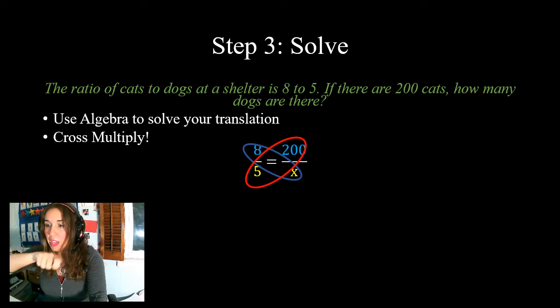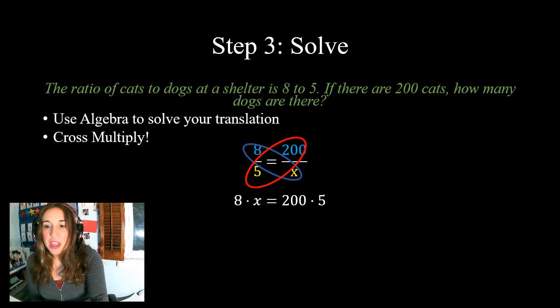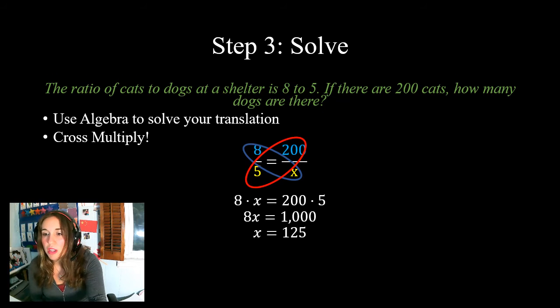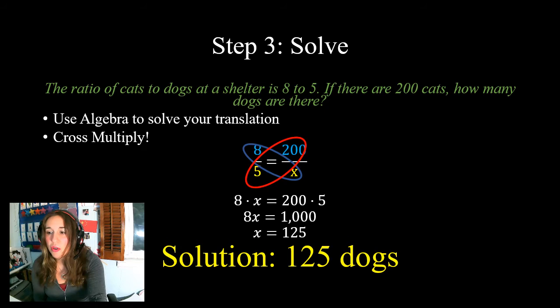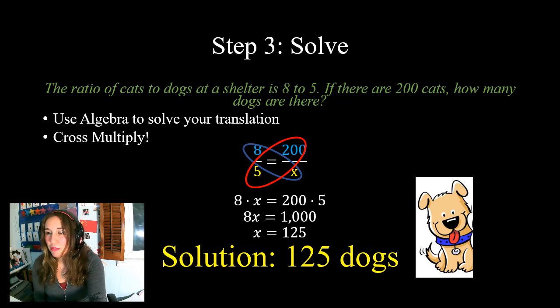I'm just multiplying on a diagonal, basically, cross multiplying. So 8 times x equals 200 times 5, which means 8x equals 1,000. And all I need to do to solve now is divide both sides by 8, which gives me x equals 125. And always think about what that actually means. Remember, x was the number of dogs in the shelter, so that means I have 125 dogs.